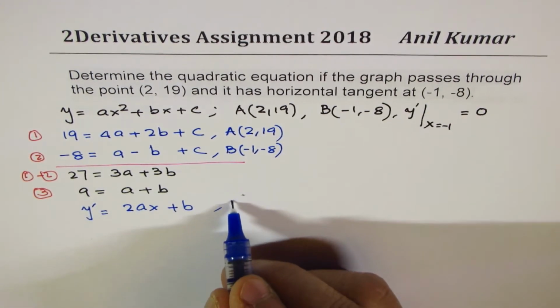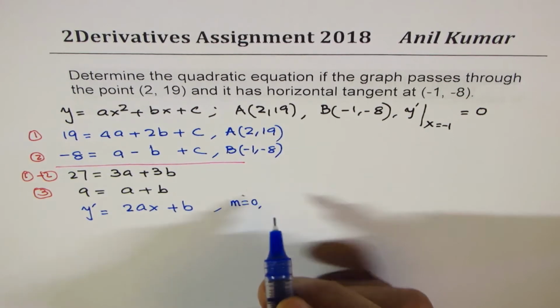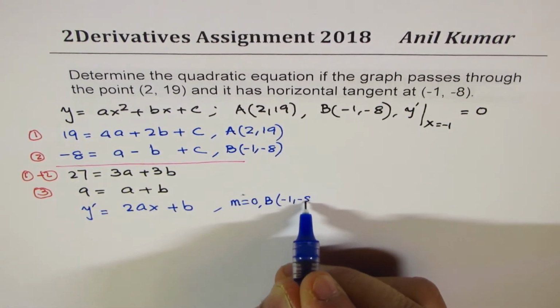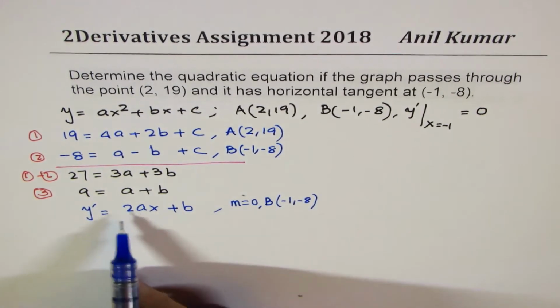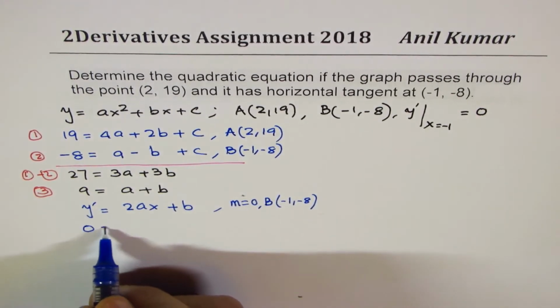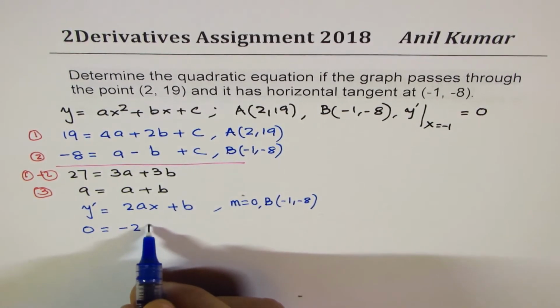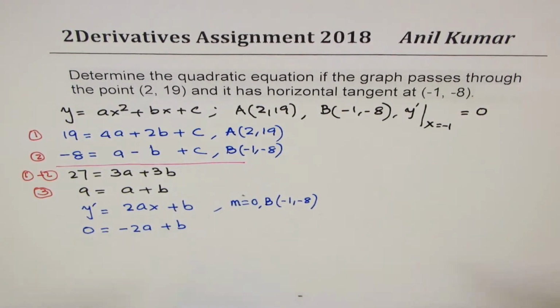So we have m equals 0 at the point B, which is (minus 1, minus 8). Substituting x equals minus 1 gives us minus 2a plus b equals 0. We can call this our equation number 4.